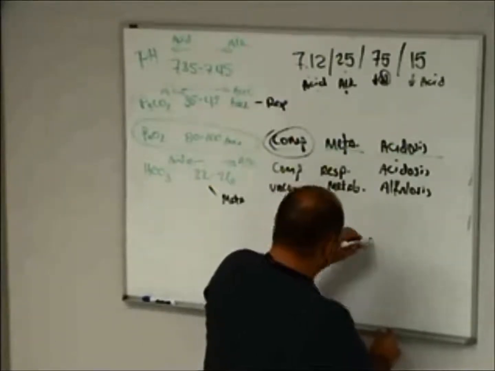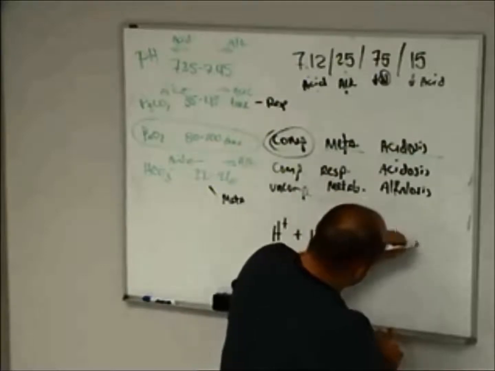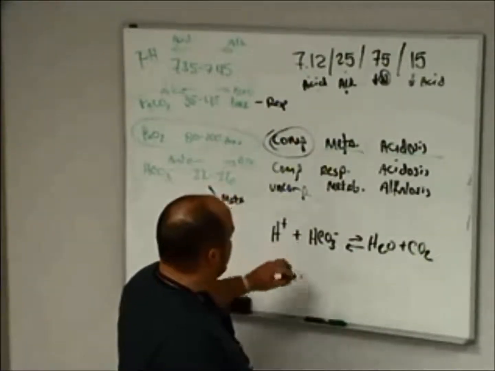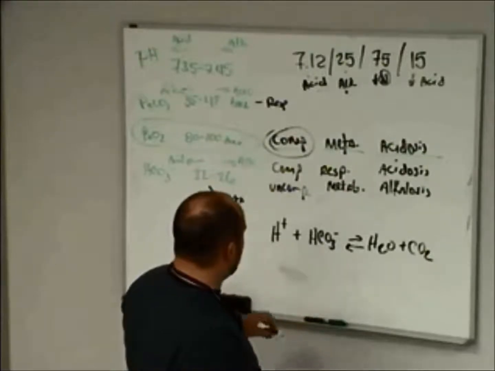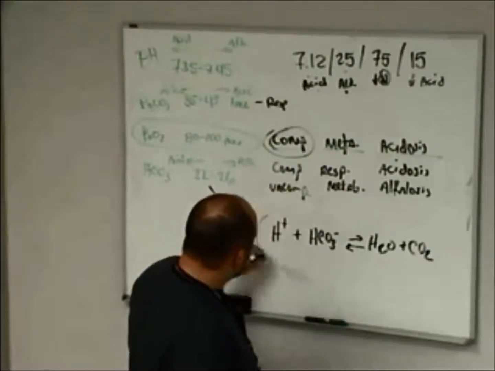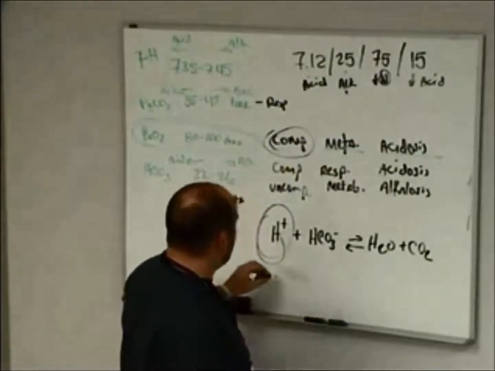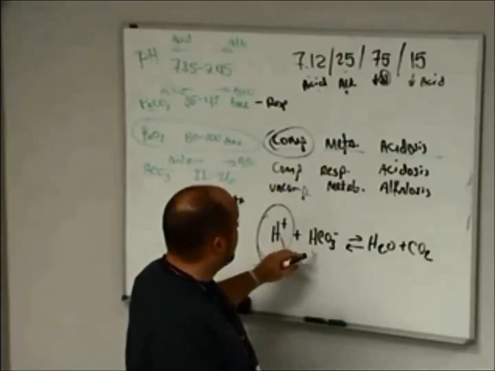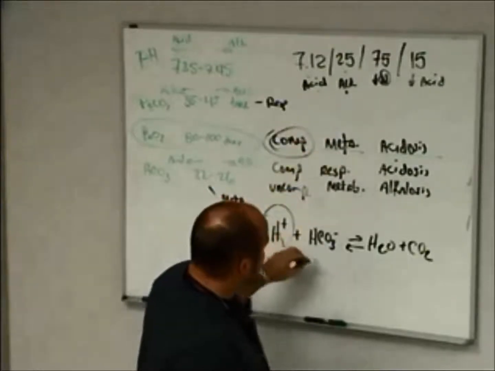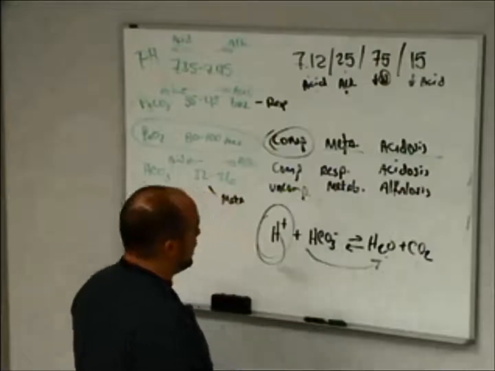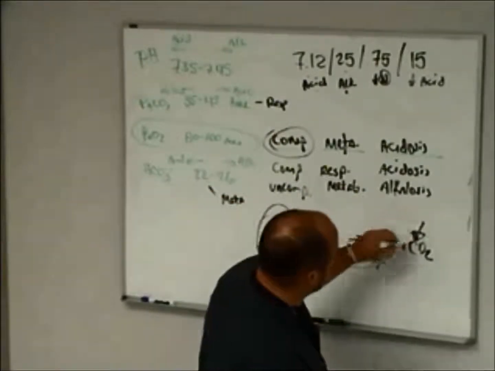We're going to skip that step because this equation is going to show you what happens to bicarb in this situation. So we put in this situation where we have a lot of H plus floating around, if we give them some bicarb to try to fix this problem, what it's actually going to do is convert it out into CO2 and water.